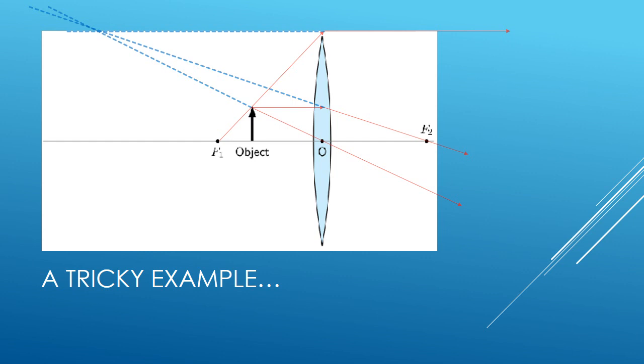And so I take the extensions of my three rays, and the intersection point you'll actually notice is behind the object in this case. Furthermore, you'll notice that it's upright. It's not inverted. So any real image that forms on the opposite side of the lens is actually going to be upside down. Whereas if you see a virtual image, this image will be upright and it will be magnified and on the same side of the lens. Okay.